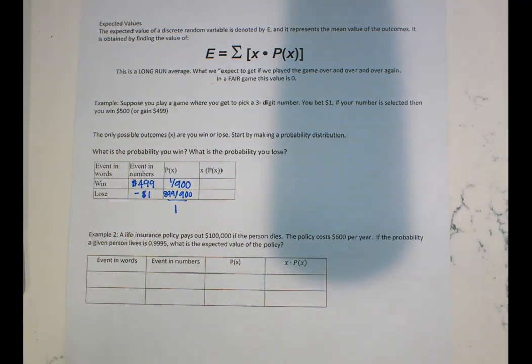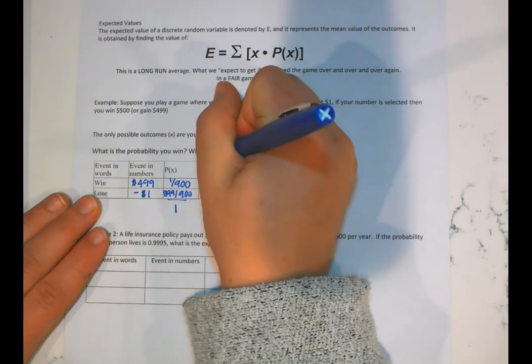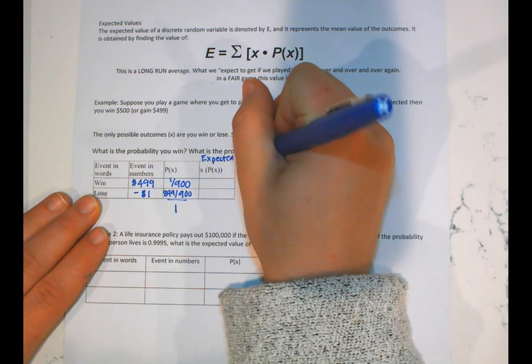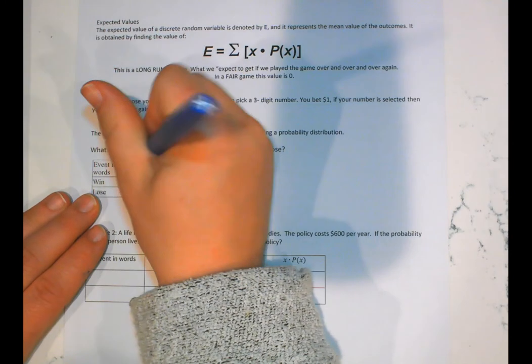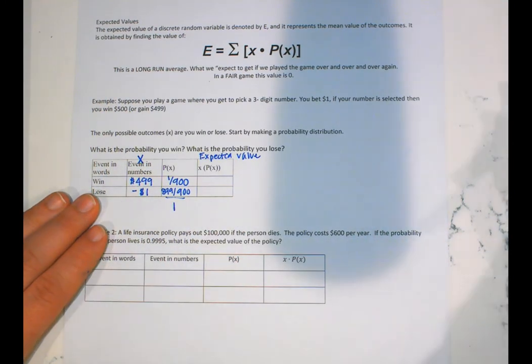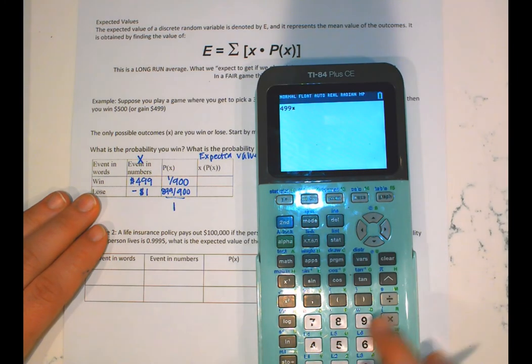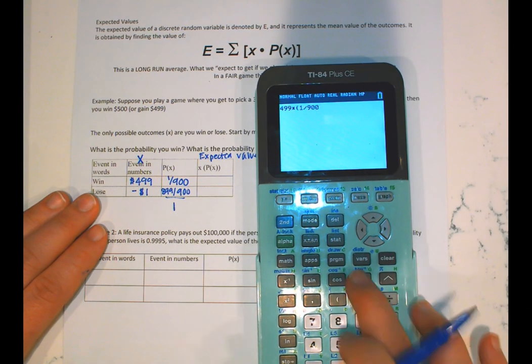All right, so to find my expected value or my mean, I'm going to multiply my x times my p of x and then add them together. So I'm going to multiply 499 times 1 over 900.